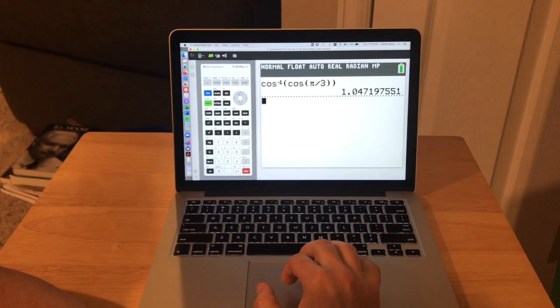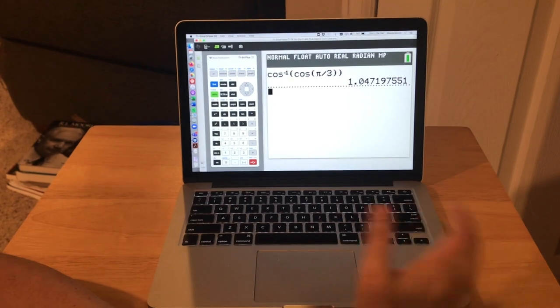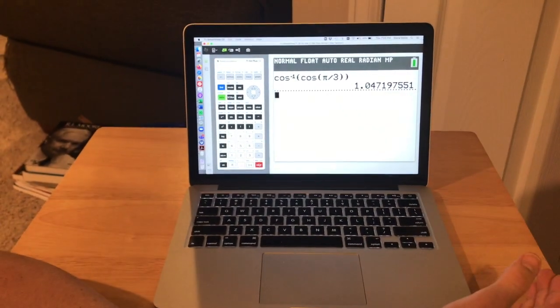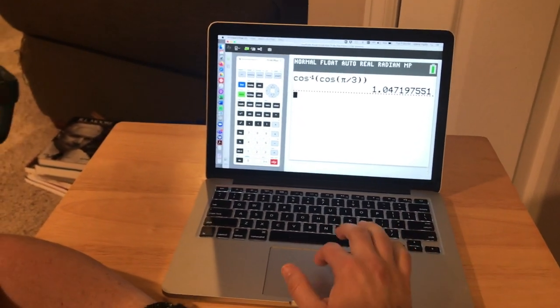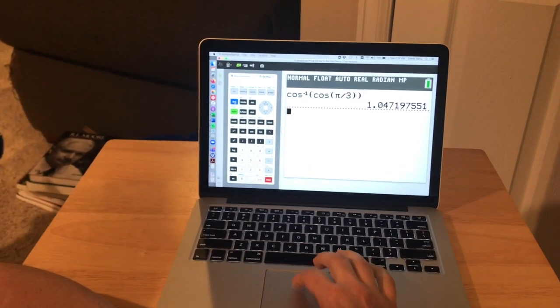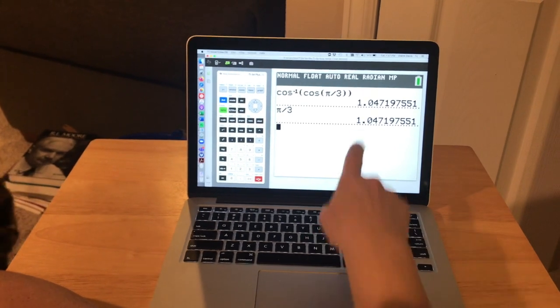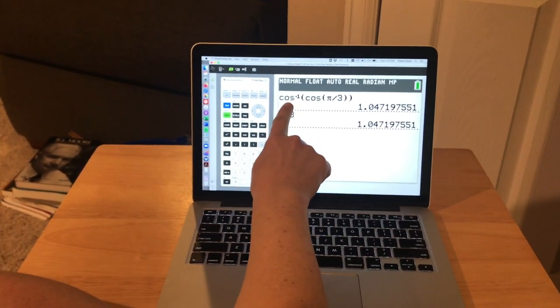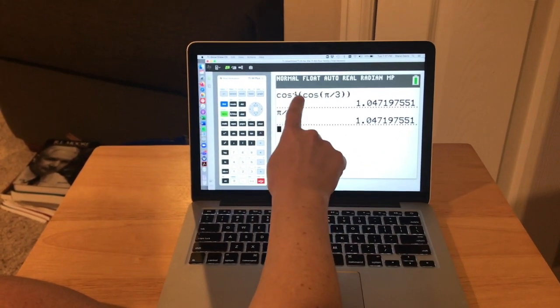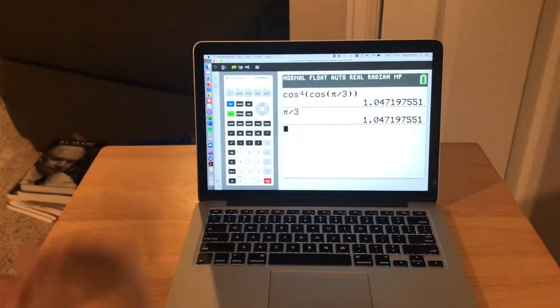And I hit enter. And I was expecting to get pi over 3. I got a decimal value because that's what calculators do. So let's compare that to pi over 3. Yep, those match. So the inverse cosine canceled the cosine or undid the cosine function and left us with pi over 3.